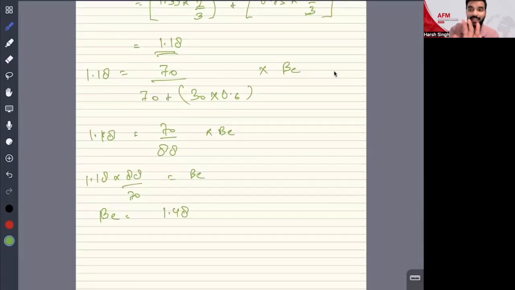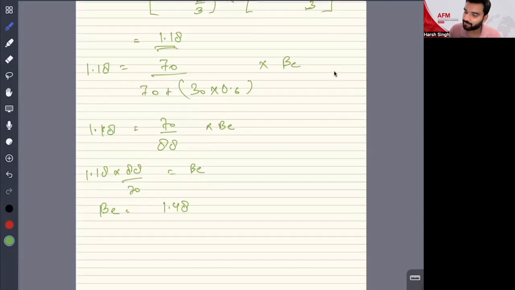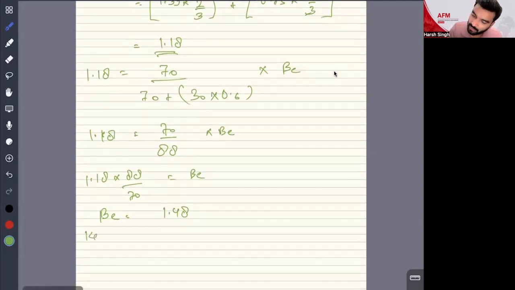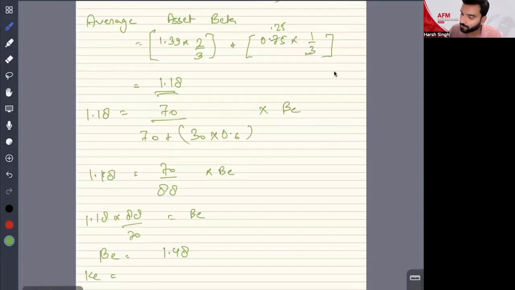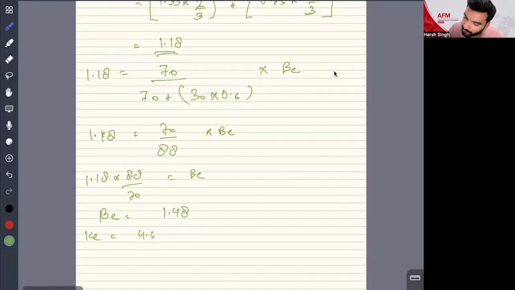Now, this is beta equity only. Still, I am supposed to calculate cost of equity. That will be equal to, what is the risk-free rate? Risk premium is 3.5, risk-free rate is 4.5. 4.5 plus 1.48 into 3.5, because risk premium is directly given to me.